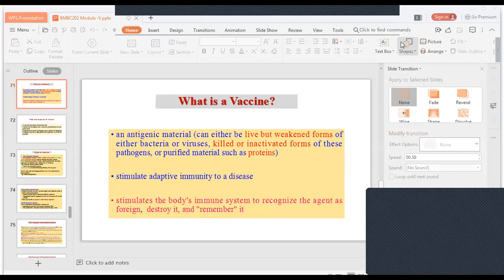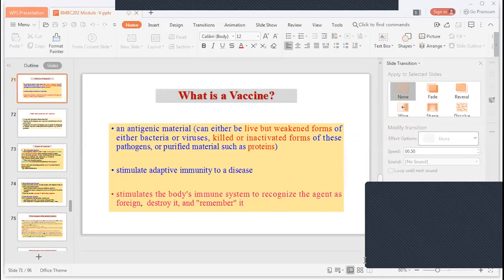Now the question will come: what is the necessity of vaccination? Why do we have the requirement of vaccination?